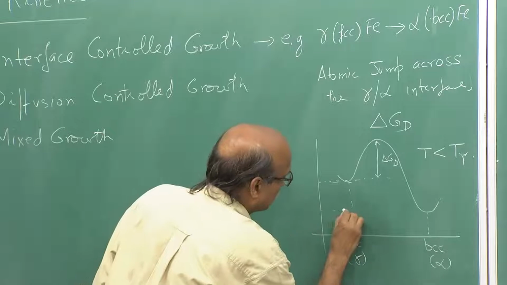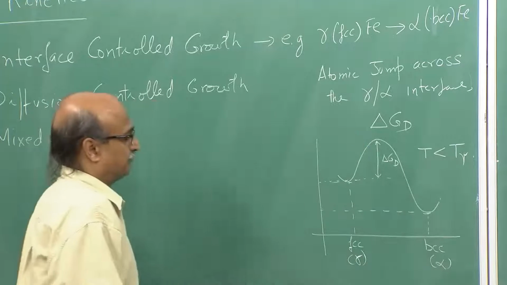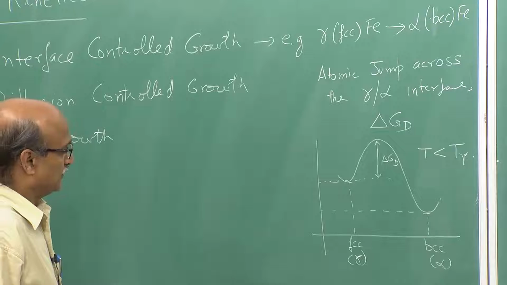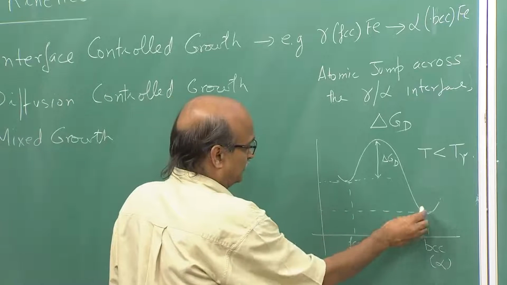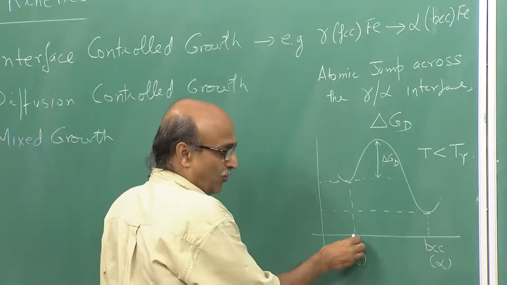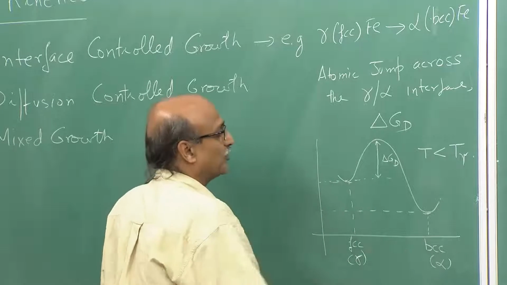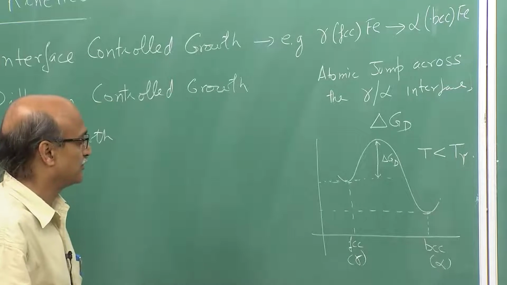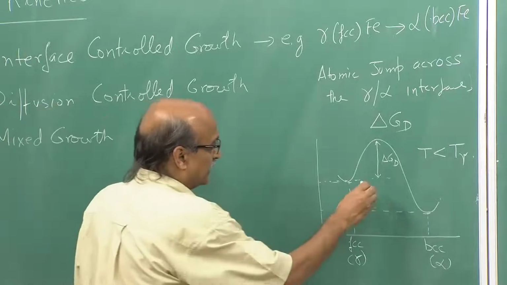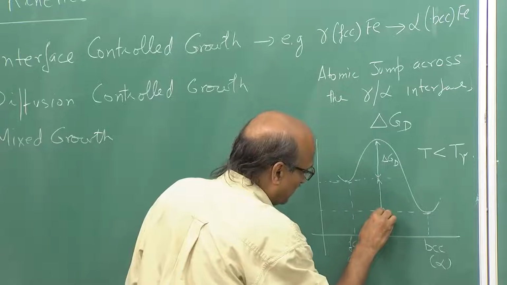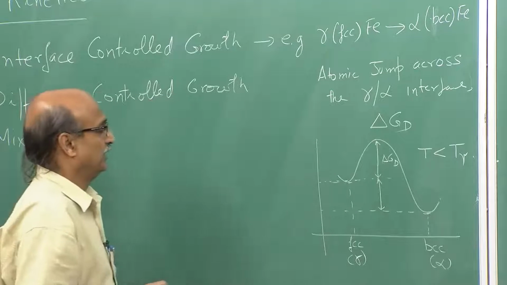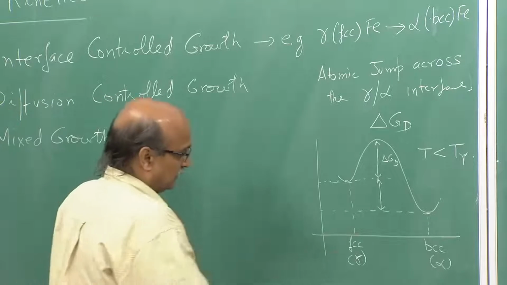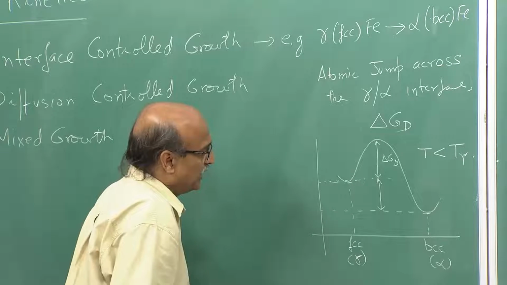You would also note from this diagram that there is a reduction in the free energy as we transform from face centered cubic to body centered cubic iron for temperatures less than the transformation temperature, and that reduction is given by this level.